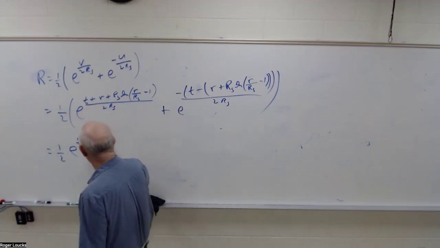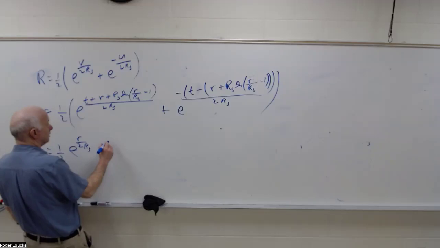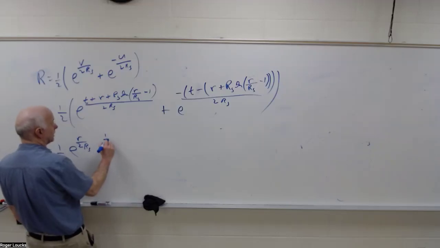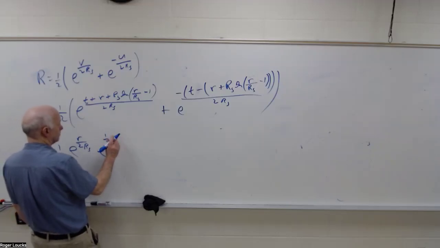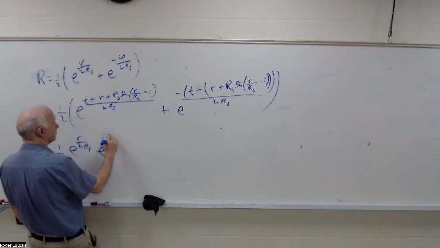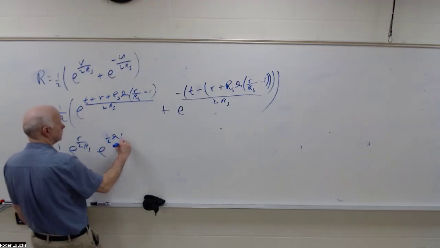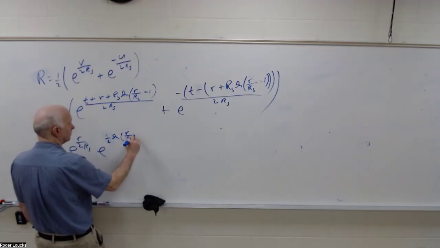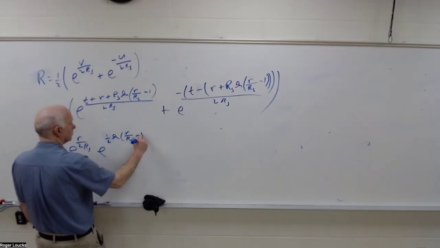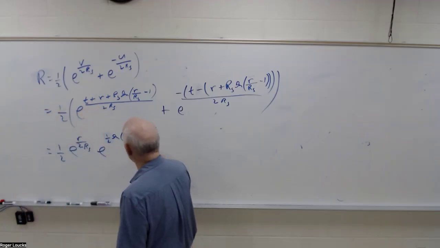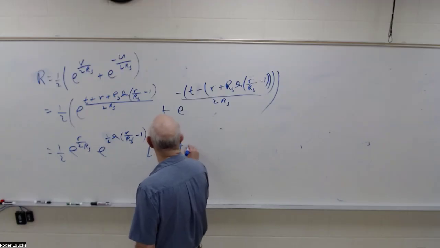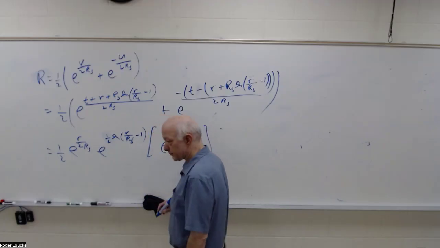The other r part here as well, so I'll put that in. E to the, they cancel here, 1/2 ln R over R_S. That part also comes out, then you're left with the e to the t.